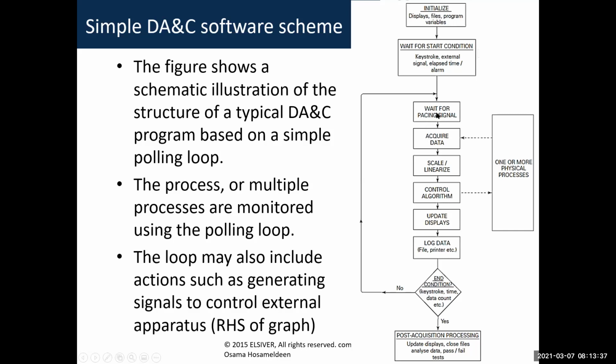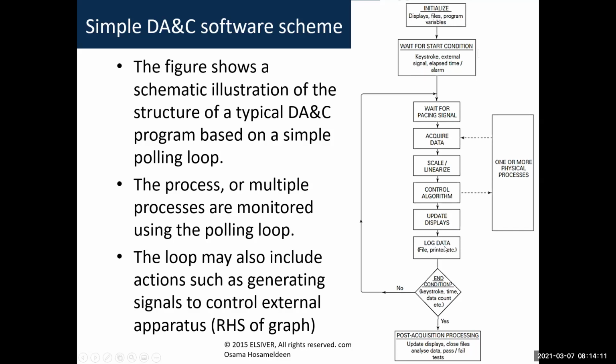If the computer receives a pacing signal, it starts acquiring data from the outside world, and then processes this data by scaling and linearizing it, and then takes an action. This action is called control, meaning data goes from the PC to the outside world, and accordingly we can update, display, or log the data.